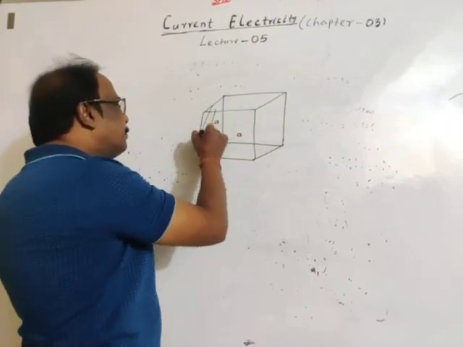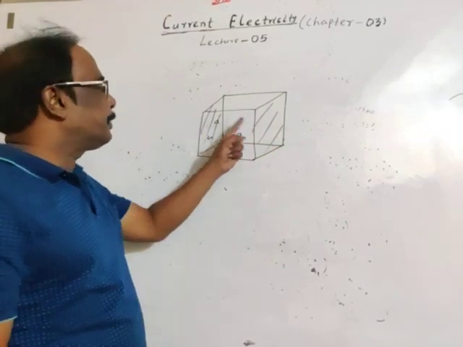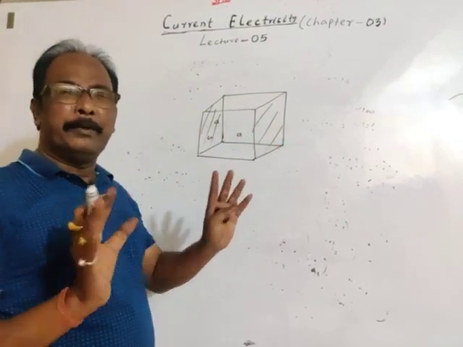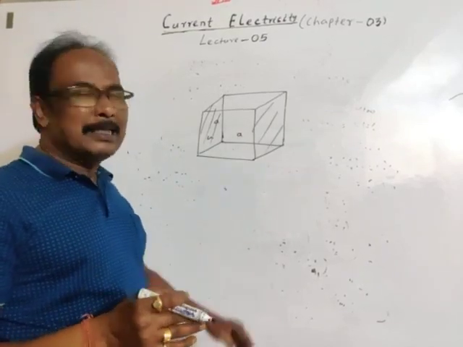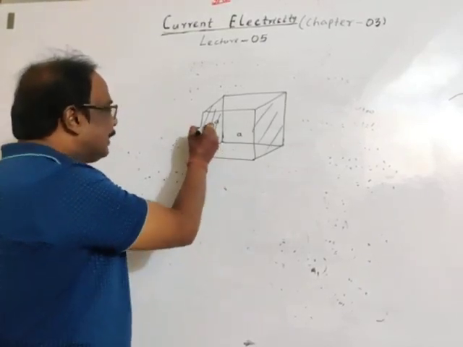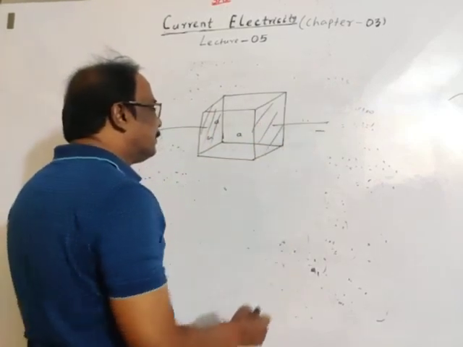Suppose it is asked to calculate resistance between any two cross-sectional areas. Because it's a cubical block, let's assume this end is connected to positive and this end to negative.